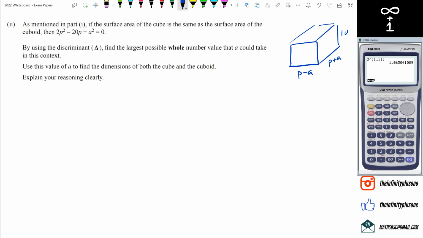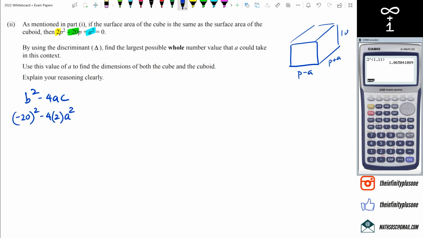All right, I'm going to come back to it, but let's just do the discriminant first. So we've got our a value, which is 2. We've got our b value, which is minus 20. And then we've got our c value, which happens to be a squared. So we can say discriminant is b squared minus 4ac. We're going to get negative 20 squared minus 4 times 2 times a squared.